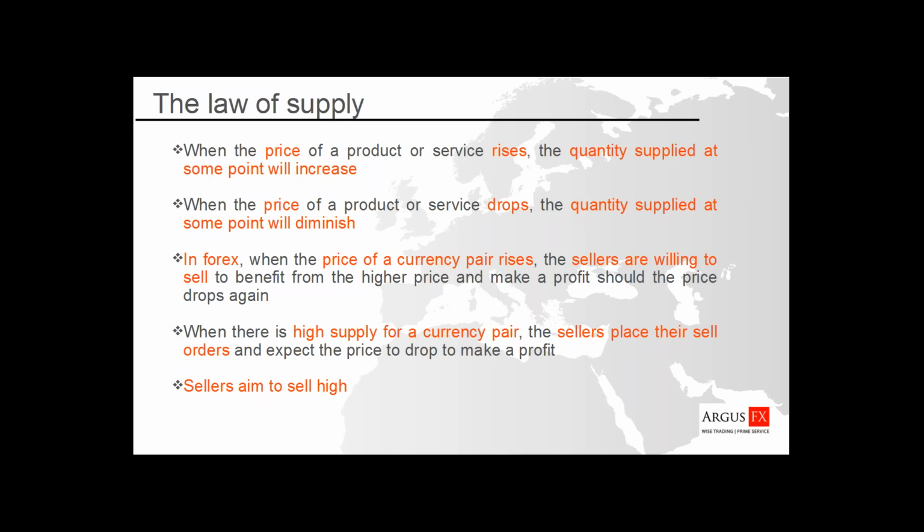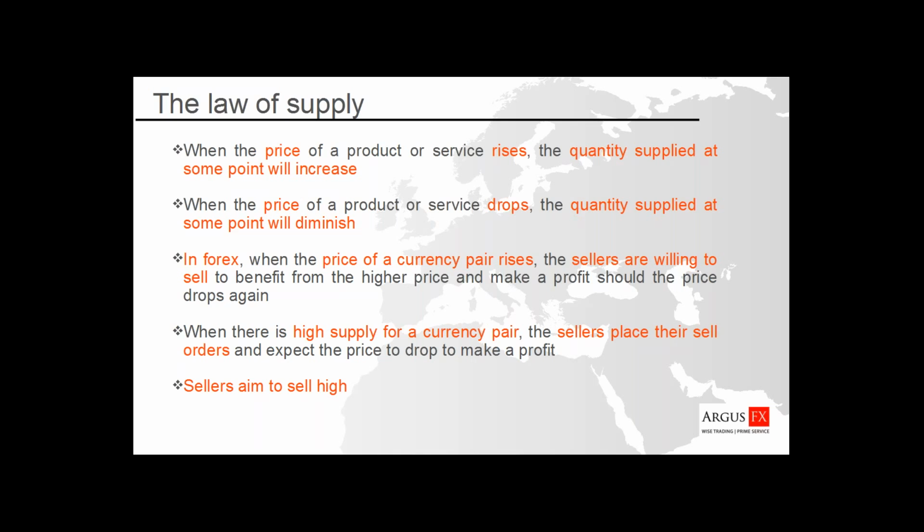Alternatively, when the price of a product or service drops, the quantities supplied will diminish. In other words, when the product or service can be sold at a lower price, the suppliers will not be interested in selling because in most cases, they will make a very small profit.